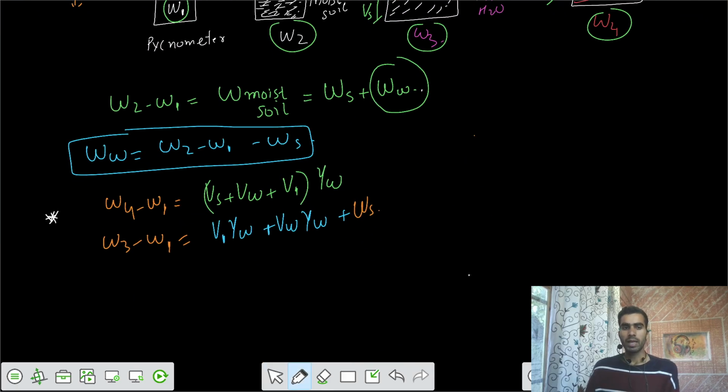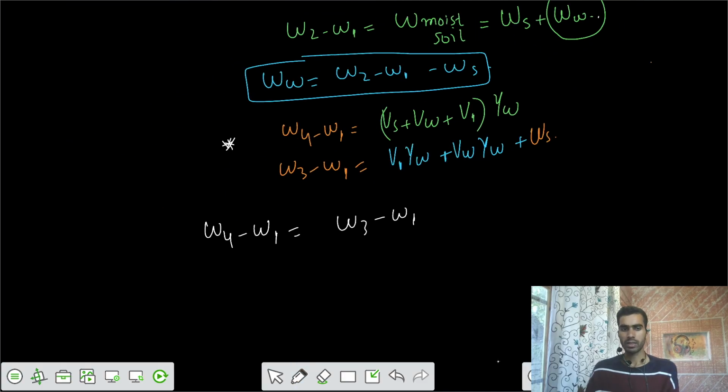Now I need to equate W4 minus W1 with W3 minus W1. If I write W4 minus W1 equals W3 minus W1, is it correct, or do we need to do some more work here?